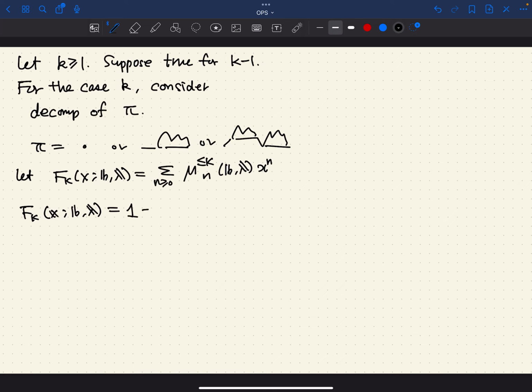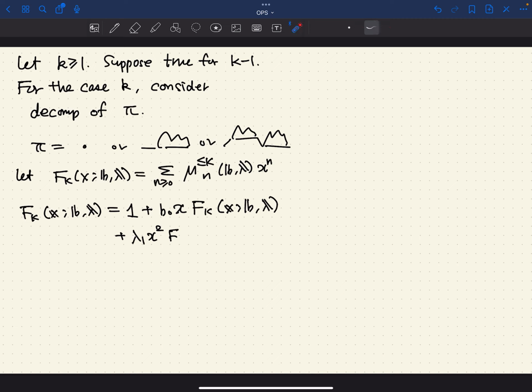If a horizontal step, then we get exactly what we had before, the same argument. Plus lambda 1 x squared f.